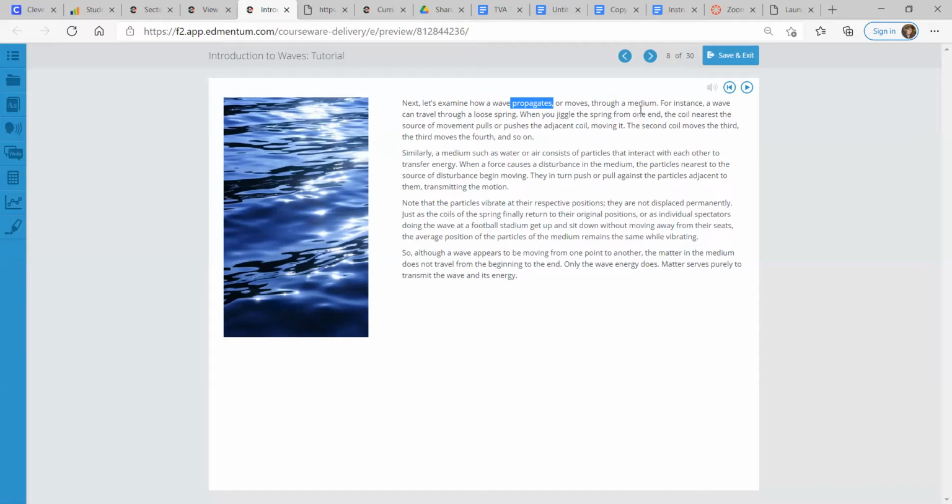The average position of the particles of the medium remains the same while vibrating. So although a wave appears to be moving from one point to another, the matter in the medium does not travel from the beginning to the end. Only the wave energy does. Matter serves purely to transmit the wave and its energy.